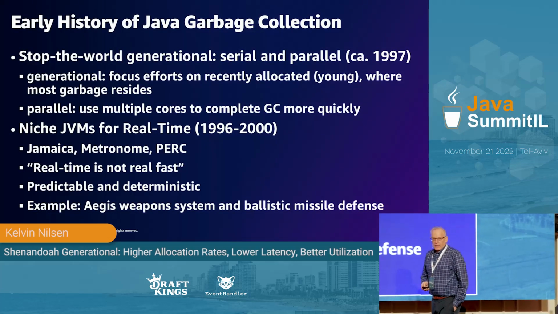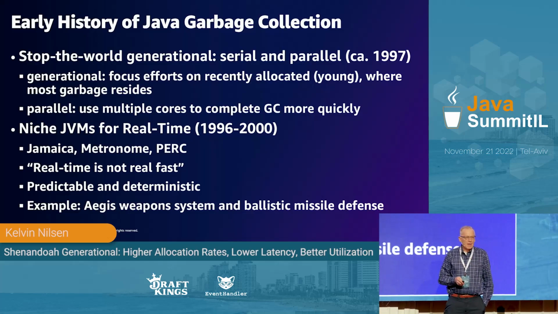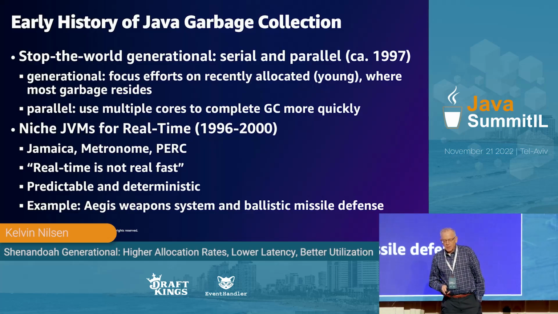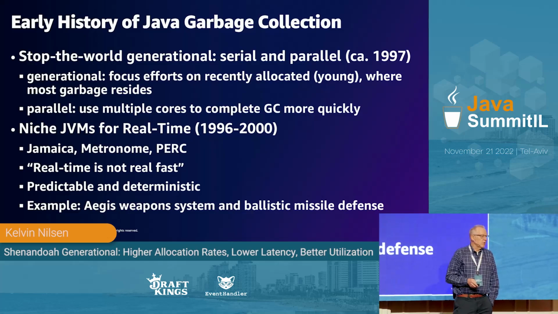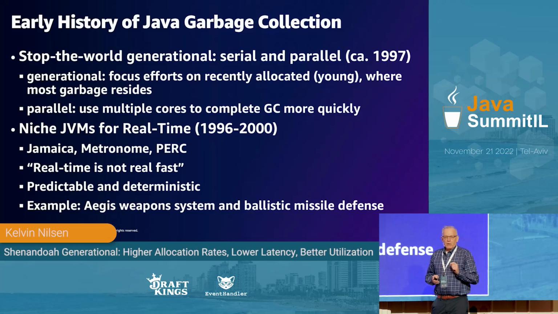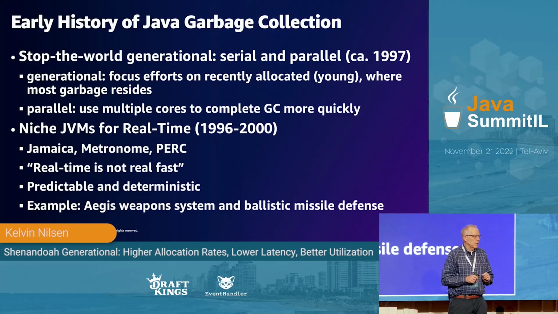If you look at the early history of Java garbage collection, it has evolved over the years. I think the initial garbage collector wasn't even generational. Within a couple of years after the initial release, we added a generational capability. The idea of a generational garbage collector is that we can focus our attention on recently allocated objects, because most of the recently allocated objects become garbage very quickly.